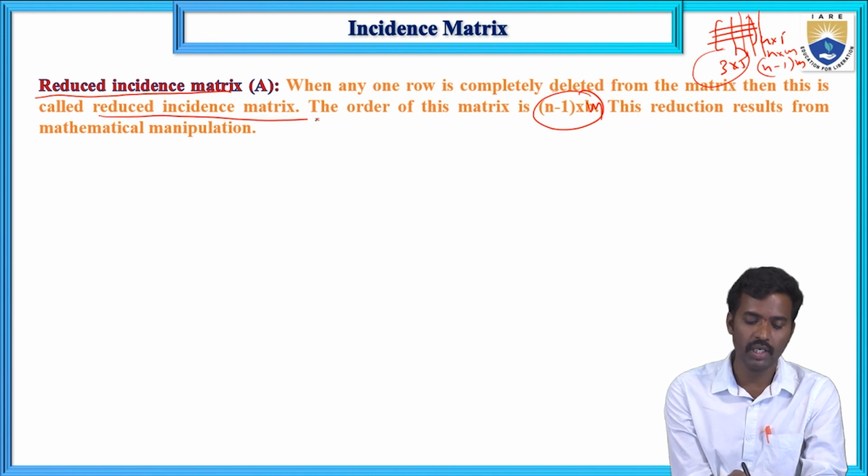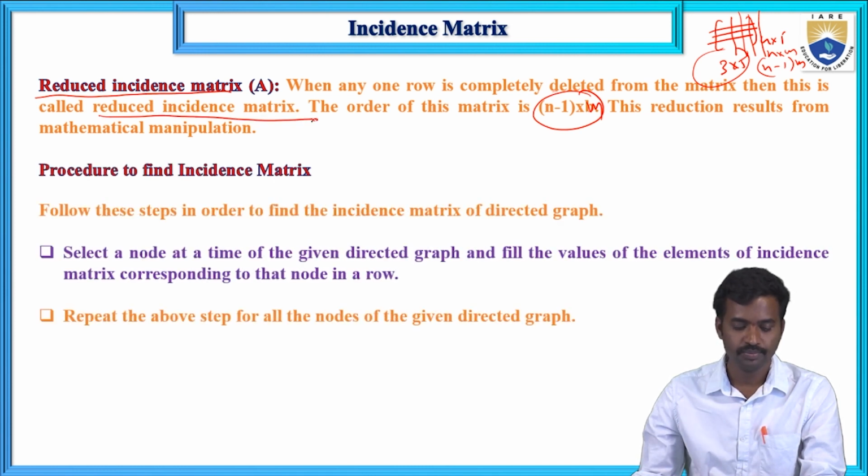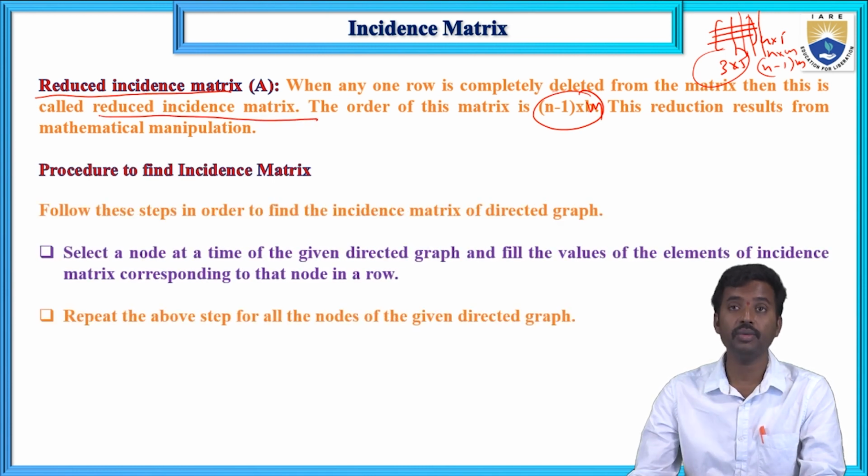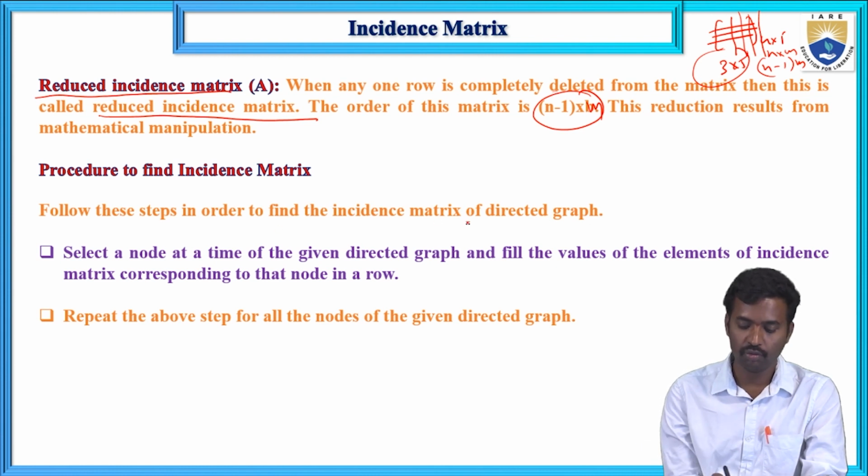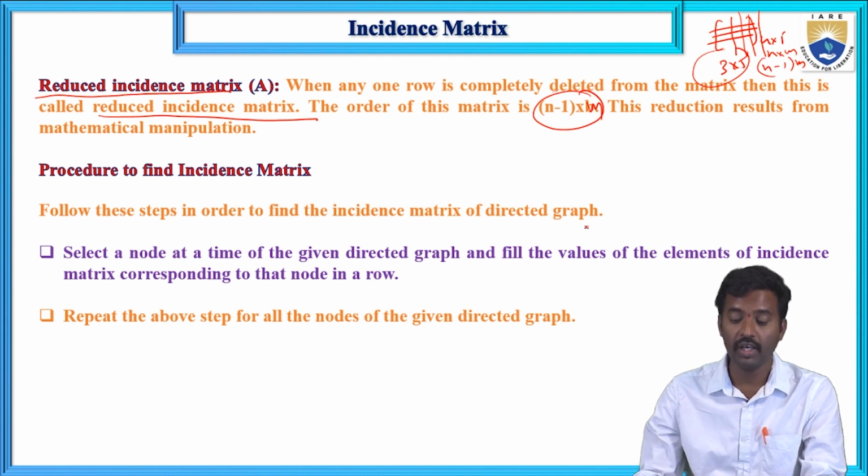Now the procedure to find the incidence matrix. What are the steps to follow to find the incidence matrix of a directed graph?